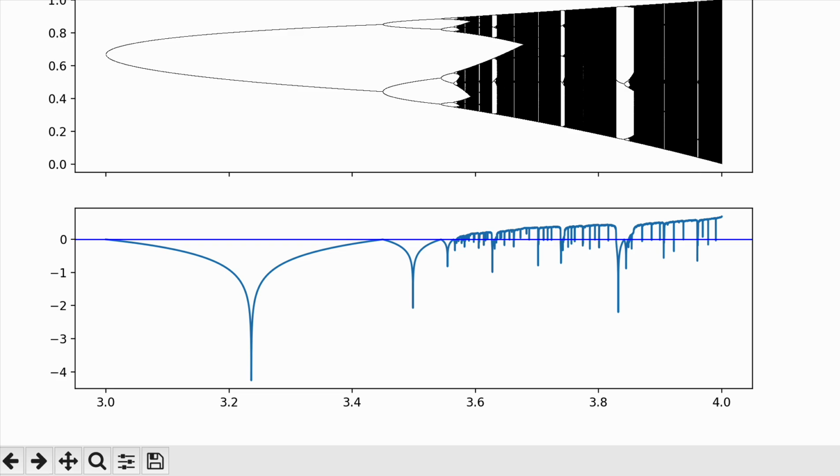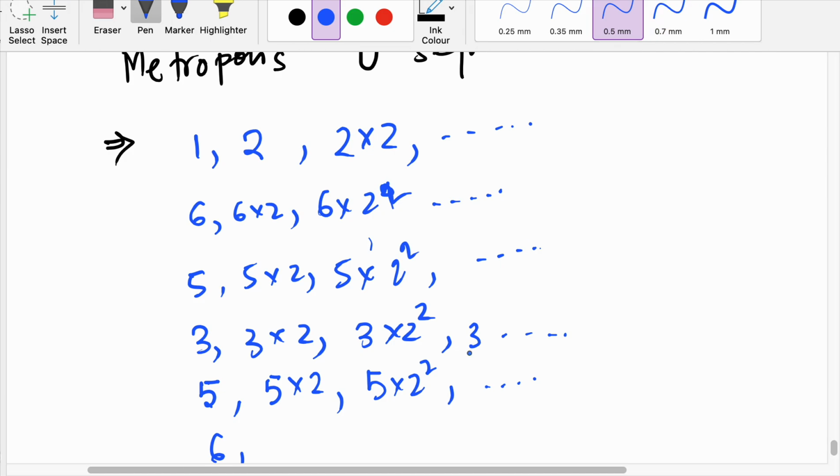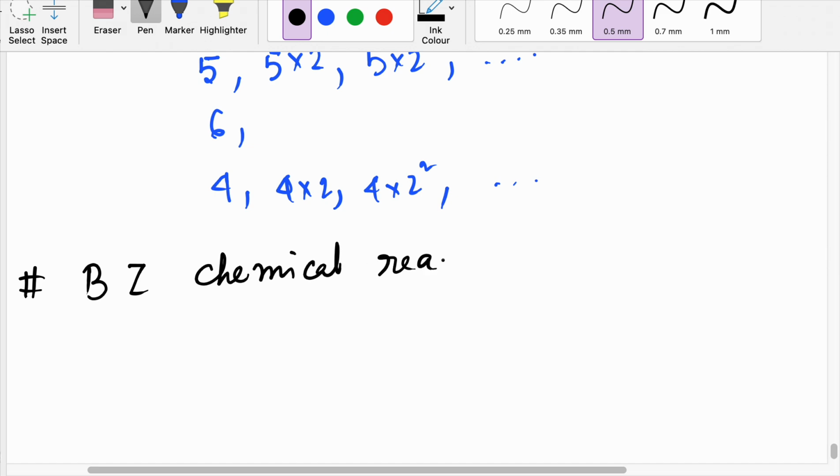So it is not only here. There is an experiment which is called the Belousov-Zhabotinsky chemical reaction, in short the BZ chemical reaction, and it is quite famous.